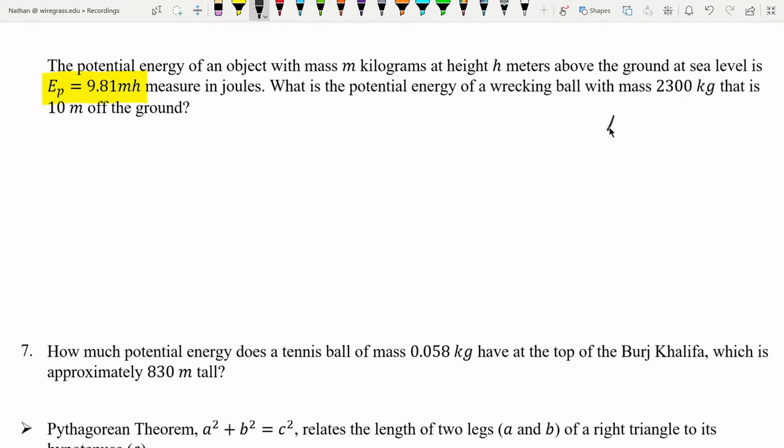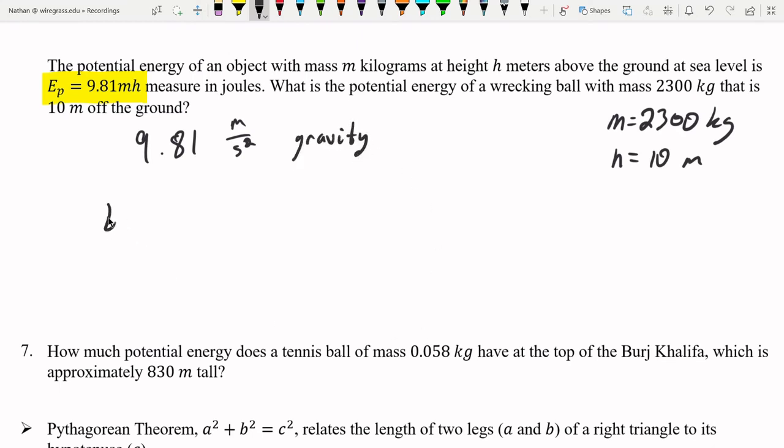With mass 2,300 kilograms, and that is a height of 10 meters off the ground. 9.81, if you didn't know, is actually the acceleration due to gravity. It's in meters per second squared. This is from gravity.